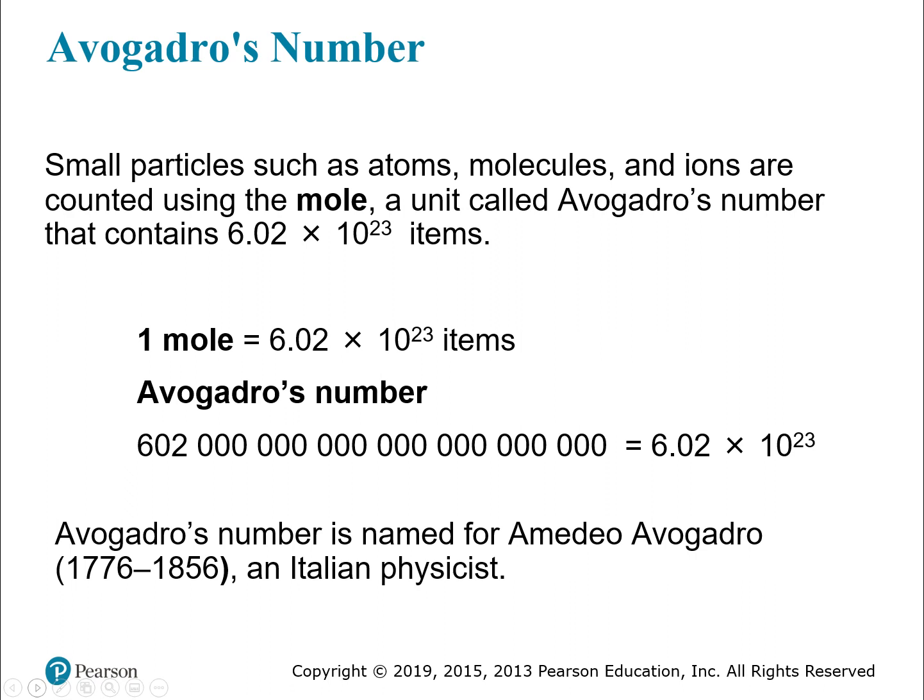Avogadro's number says that a mole contains 6.02 times 10 to the 23rd items. Those items could be atoms, molecules, ions. Doesn't matter. 6.02 times 10 to the 23rd, that is a lot of zeros. You don't want to have to write that out. Make sure that you are comfortable with scientific notation. If you're not, you need to refresh yourself with Chapter 1.